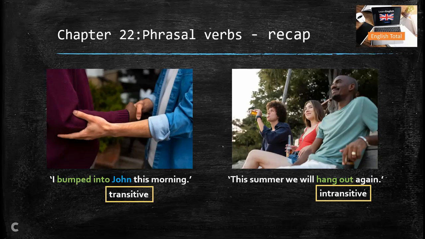You have also learned that phrasal verbs follow the same rules as other verbs in English and can be used in different tenses. Phrasal verbs are not intrinsically difficult, but there are many possible combinations and at times they can be confusing. Take the time to learn them in context rather than memorize lists of phrasal verbs.